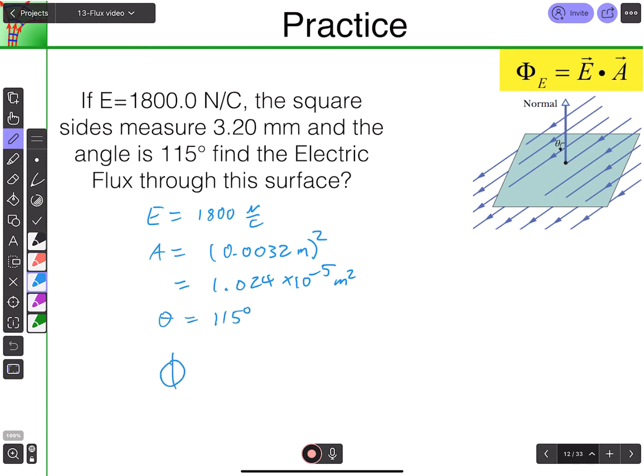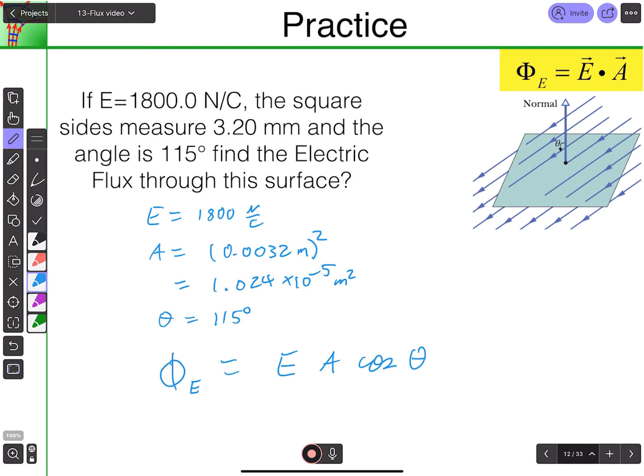So let's calculate our flux. I'll sometimes put a little e here to represent the electric flux. So in this case, E times A times the cosine of the angle between them. Right? So E is 1800, A is 1.024 times 10 to the minus 5 times the cosine of 115 degrees.